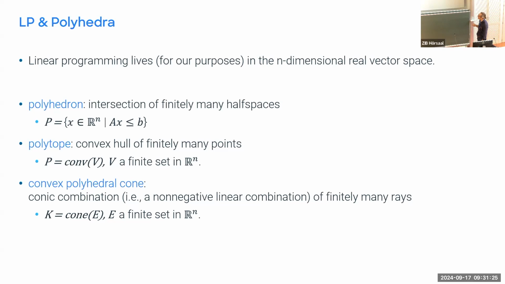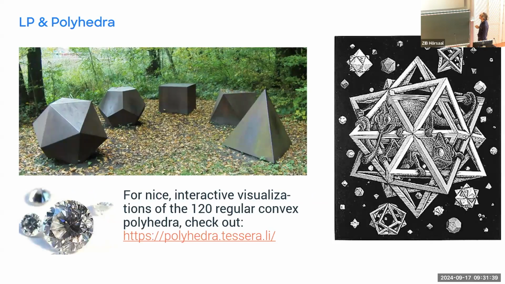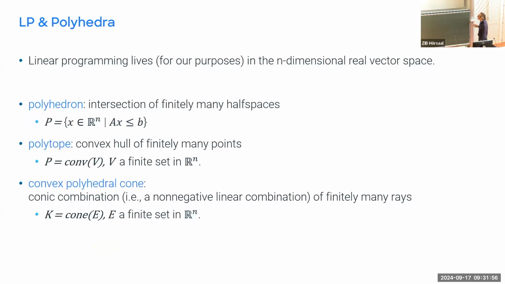Each row of this matrix inequality describes one of your half spaces, and all of this together is the feasible region, potentially, of your LP. We call it P. But now if you look at these pictures, the half spaces are maybe not the only way to describe the feasible region. Of course, very prominent are also these vertices. And so another way to formally describe an LP is as a polytope.